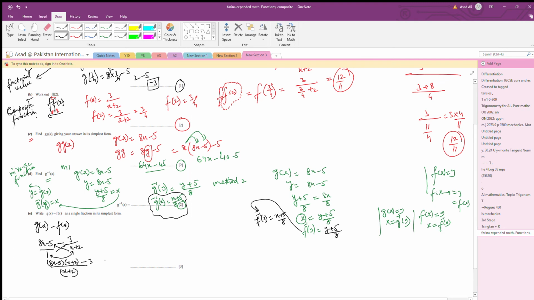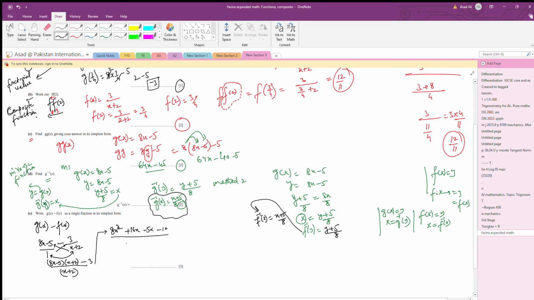So 1 into 3 is 3. Now see here, I can do it this way. I'm doing here 8x into x, 8x square, 8x into 2, so 16x, minus 5 into x is minus 5x, minus 5 into 2 is minus 10.